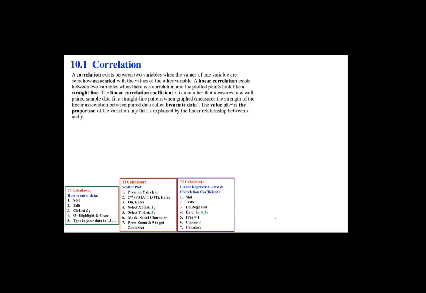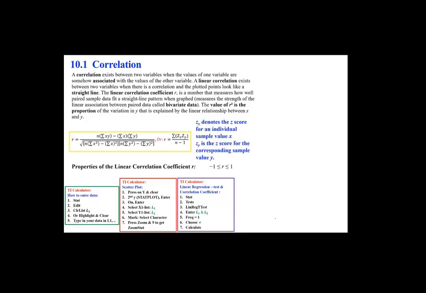In other words, it measures the strength of the linear association between paired data, called bivariate data. The value of R squared is the proportion of the variation in Y that is explained by the linear relationship between the two variables X and Y.